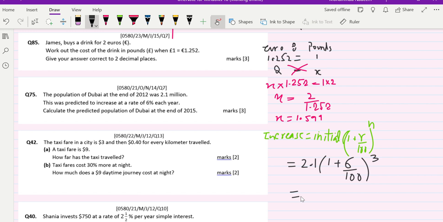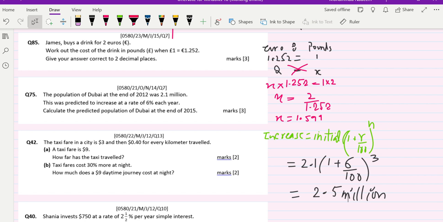Put these values in your calculator to work out 2.1 into 1 plus 6 over 100 whole power 3. The answer is 2.5 million. So the expected population in 2015 will be 2.5 million.